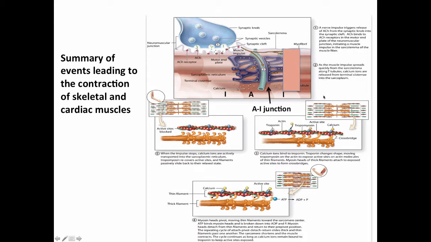As the calcium floods the sarcomere, it binds to this molecule called troponin. And when calcium binds to troponin, it causes the tropomyosin, which is currently blocking the myosin binding site on actin, to move out of the way so that myosin can now bind to the binding site on actin.